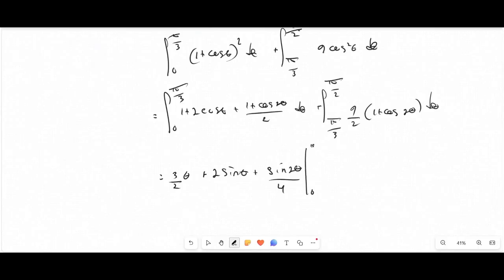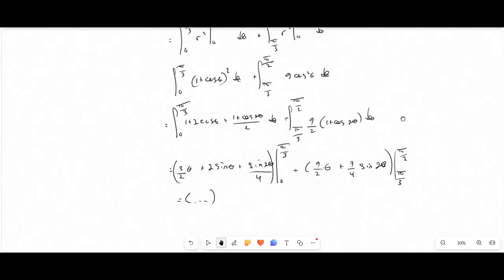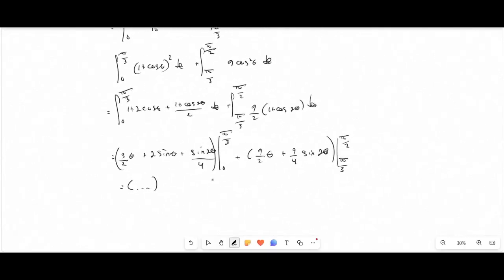This is from 0 to pi over 3. And then this next one, I got 9/2 theta, and then I need to also do 9/4 sine 2 theta, and this is from pi over 3 to pi over 2. I'll stop here. I don't want to evaluate all this right now, but all the integration is done. You just have to plug in these values everywhere, and it'll come out nicely.